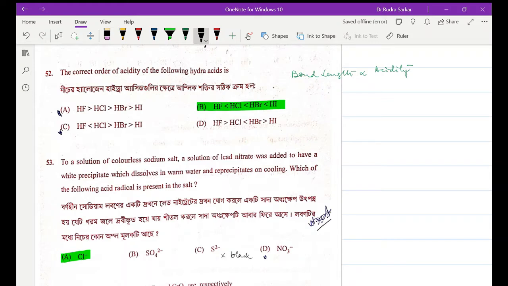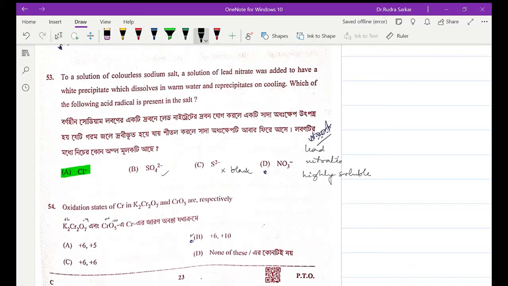Nitrates are highly soluble, and sulfates are insoluble in hot and cold water. So this behavior is only shown by Cl.